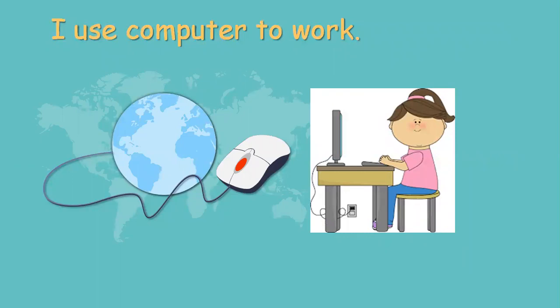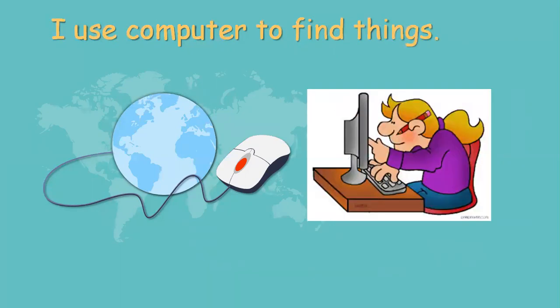I use computer to work. You use computer to work means your parents use computer to work in the home or in the office. I use computer to find things. You can find things on the computer. This you can do in the school as well as in the home using the internet.